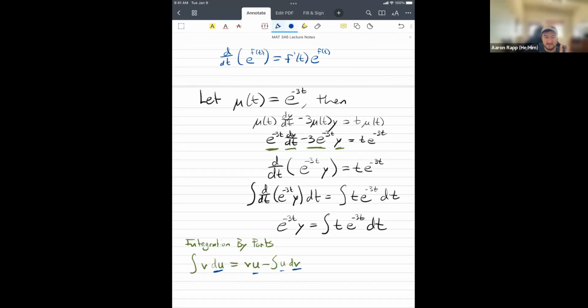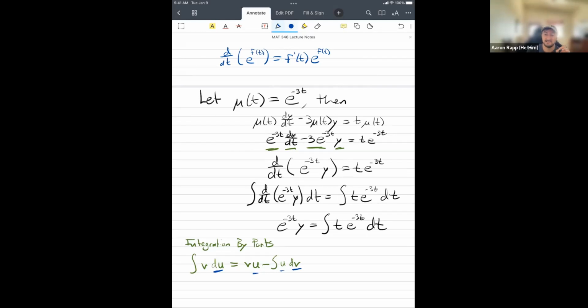So one of the nice things about this is that one of those parts, when I do integration by parts, I have to take the antiderivative of, but the other one I get to take the derivative of, right? Going from v to dv and then du to u. So I'm going to want to apply integration by parts here. Usually the term that I set to v is the term that I want to get rid of.